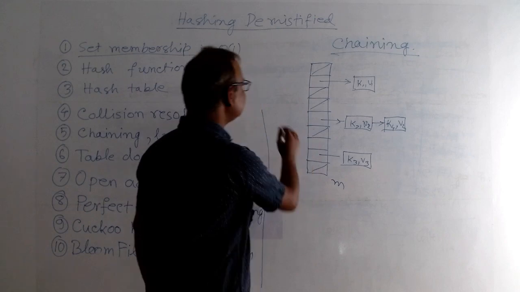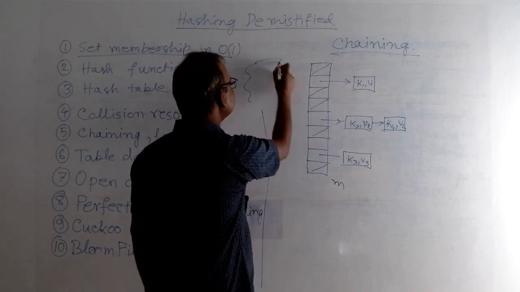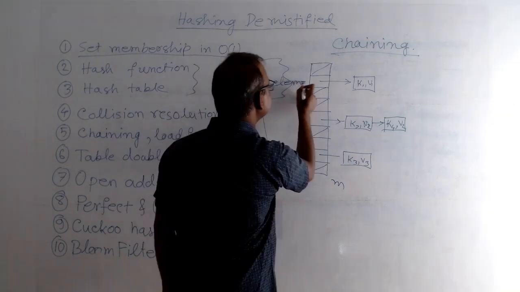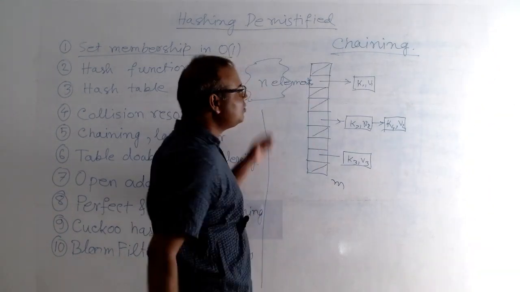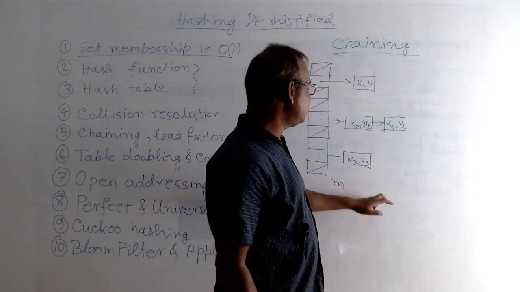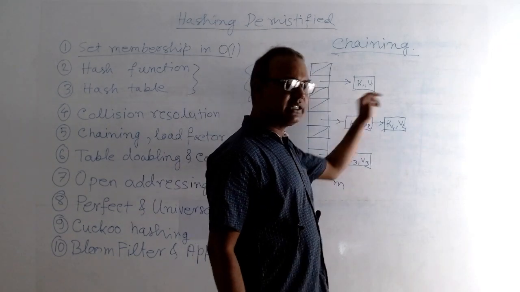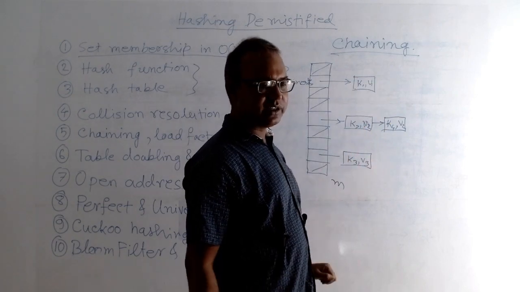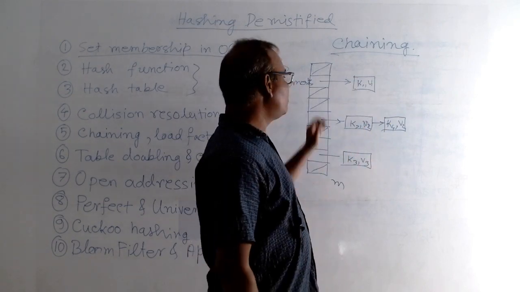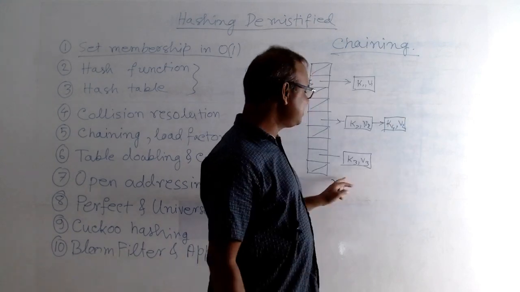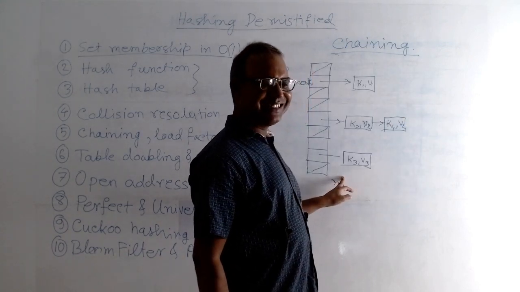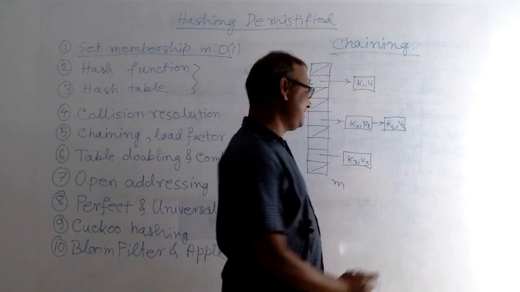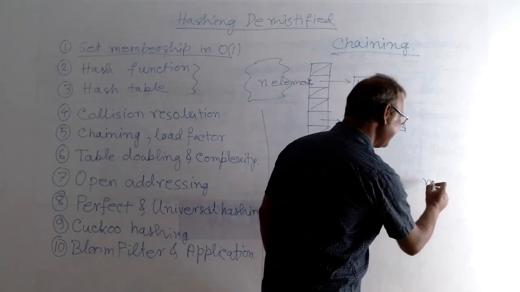Suppose we have inserted our set of n elements in this hash table with chaining, a separate chain for every position. So what will be the total number of elements inside the chains, the sum of all the chains? That is going to be n elements.